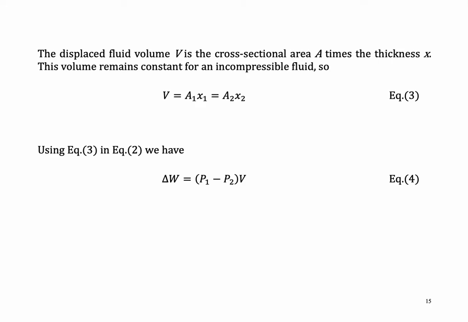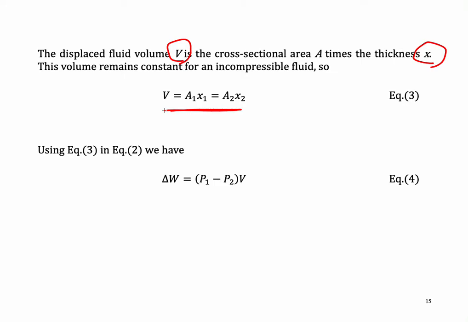The displaced fluid volume V is the cross-sectional area A times the thickness x. This volume remains constant for an incompressible fluid, so we could write V, the volume, is equal to A1x1 equal to A2x2.